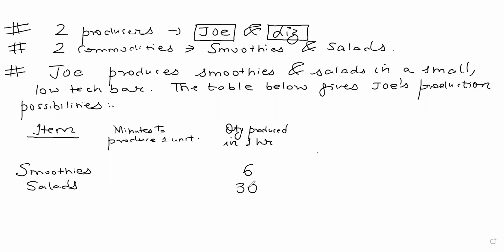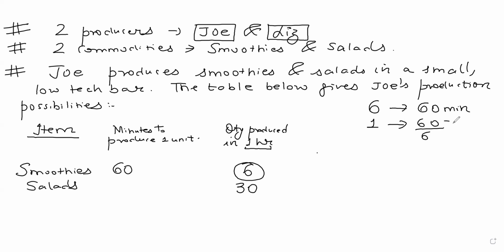Now, if I talk about the minutes used to produce 1 unit, how will I find that? How many minutes do we have in 1 hour? In 1 hour, we have 60 minutes. And in 1 hour, Joey can produce 6 smoothies. That means if 6 smoothies can be produced in 60 minutes, then 1 smoothie can be produced in how many minutes? 10 minutes.